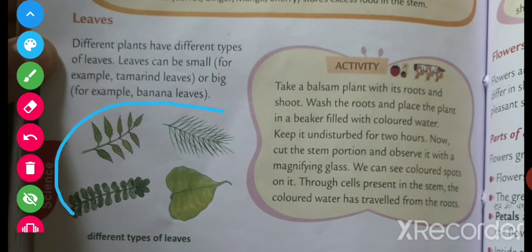All plants have different types of leaves. Some leaves are big and some are small. They are different from one another. Some trees' leaves are small and some trees' leaves are big.